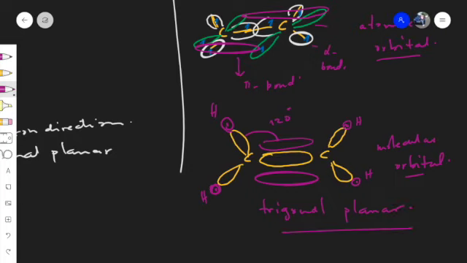So this has helped us to understand why we have a trigonal planar and a tetrahedral shape. In the sp3 hybridization, sorry, let's do this again. In the sp3 hybridization, we've got the tetrahedral shape, and in the sp2 hybridization, we've got the trigonal planar shape, and that is important for us to know.